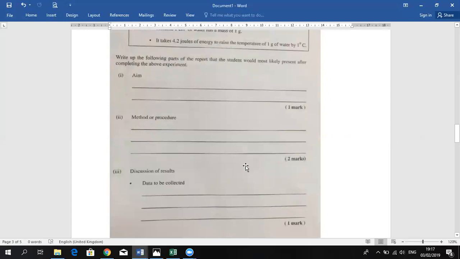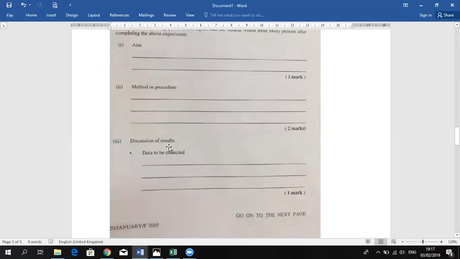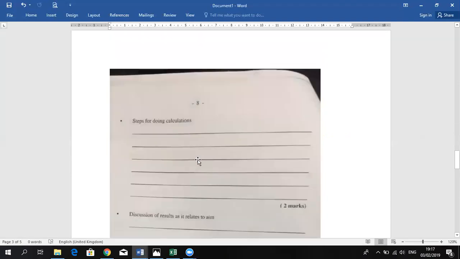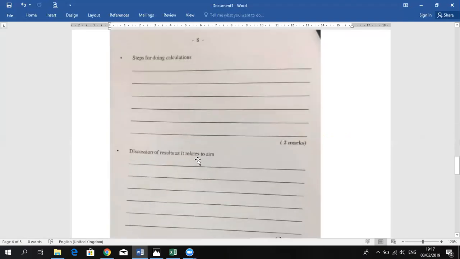The data to be collected, you would understand, because you know you're going to be checking temperatures. And for the steps for doing calculations, you'd be able to do this as well, because you're going to take the different temperatures you get to look at the temperature rise and work out the heat of neutralization.